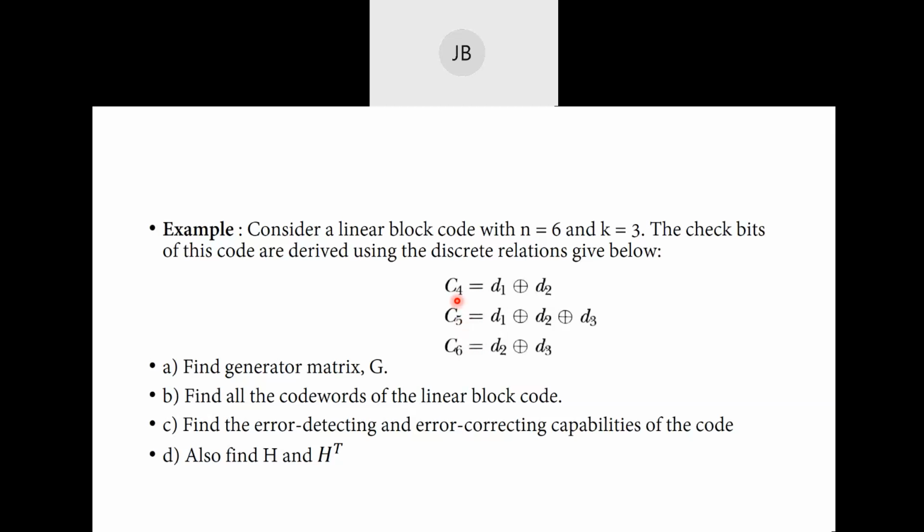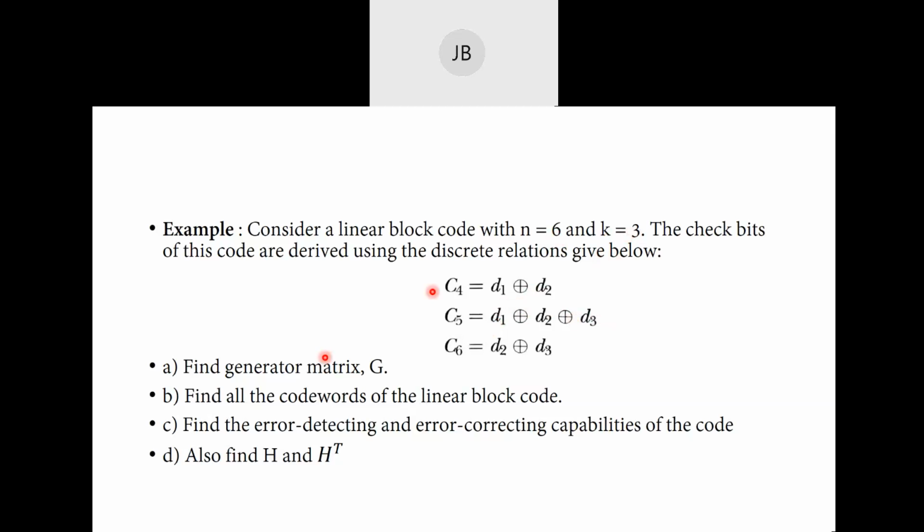For example, C4, which is the first check bit, is derived by adding the first and second data bit. Similarly, the second check bit, or the fifth bit in the code sequence, is derived by adding all the data bits, because we know that there are 3 data bits. The k value is 3 here.